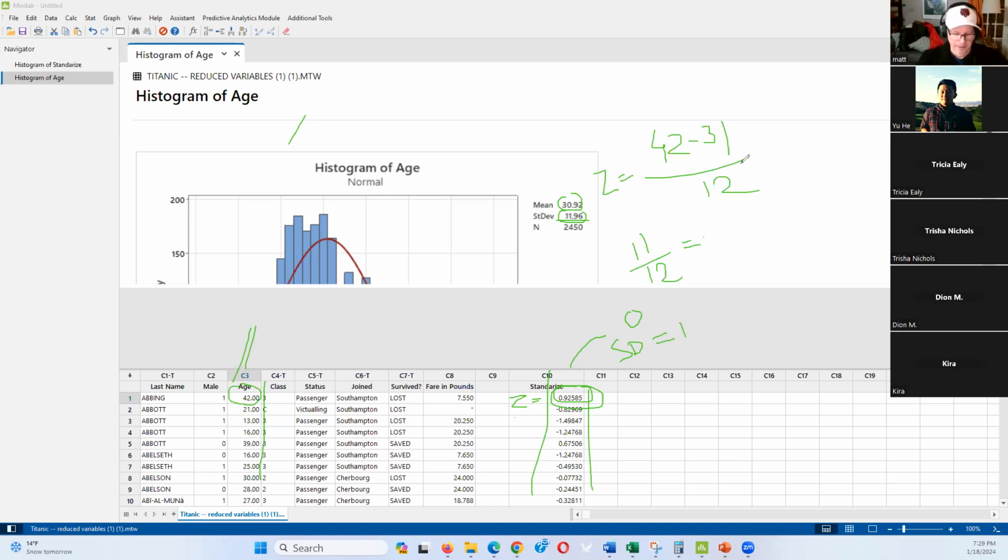Okay, so I was trying to explain this standardized value plus minus. Now think, like mu plus 1 sigma, mu plus 2 sigma, mu plus 3 sigma.